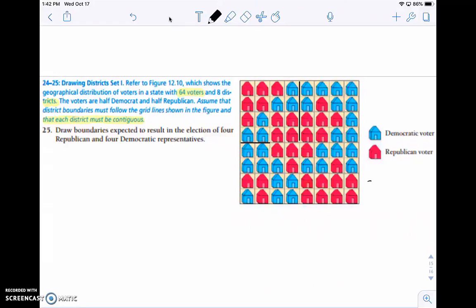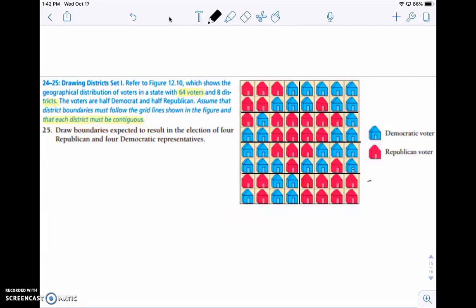So the only other possibility I see is if we were to break them kind of going this way. So I'm going to break them into 4 wide horizontally and 2 high going vertically.